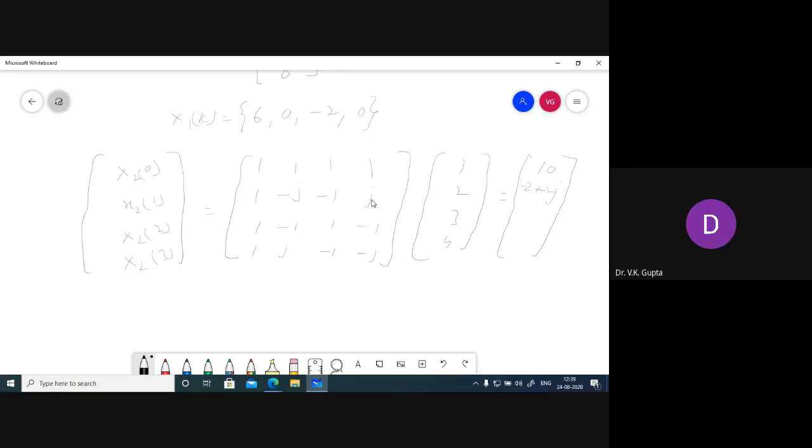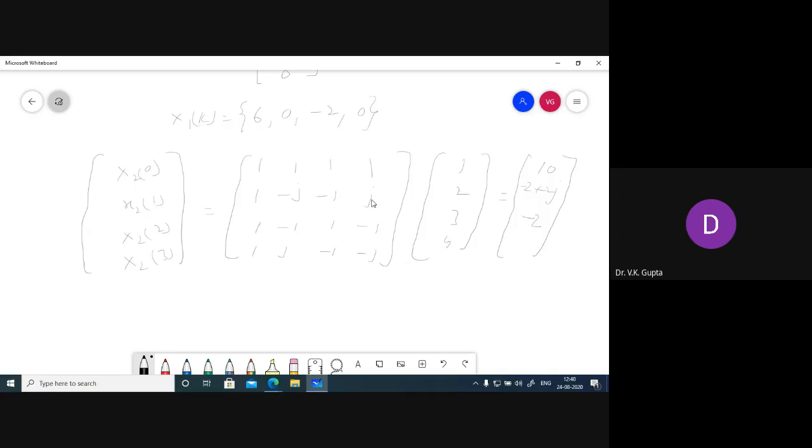The third quantity is 1 minus 2 plus 3 minus 4, which is minus 2.